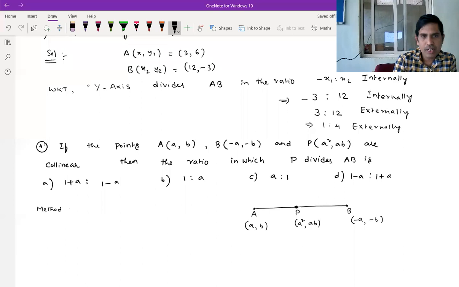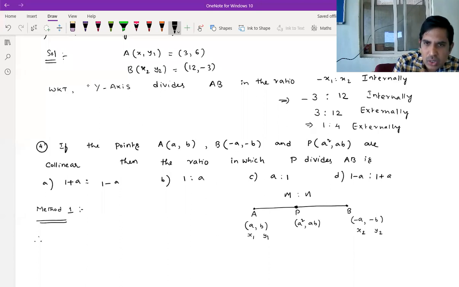So method 1, you can use any one. Suppose this point P divides in M is to N ratio internally. This is x1, y1 and this is x2, y2. Apply the section formula. I considered M is to N, the ratio we have to calculate, in one of the four options.